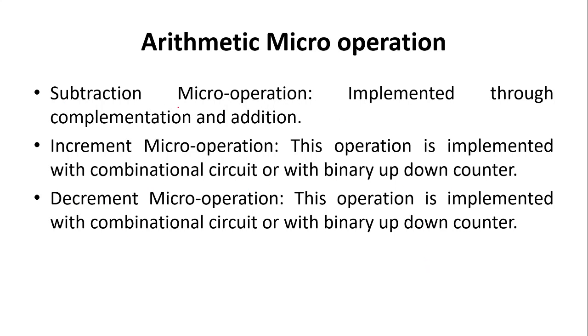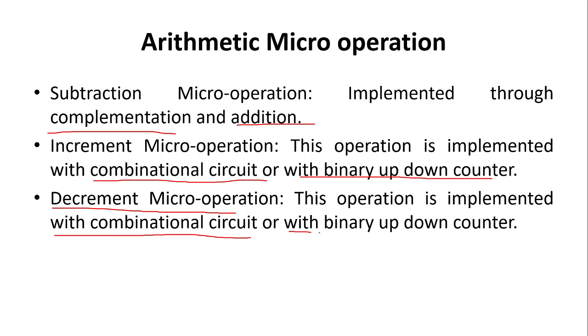Similarly, we implement subtraction micro operation through complementation and addition. Increment micro operation is implemented with the help of combinational circuit or with the help of binary up down counter. Decrement micro operation is implemented with combinational circuit or with binary up down counter.